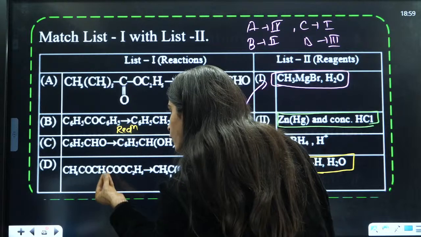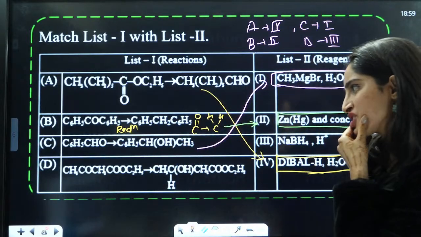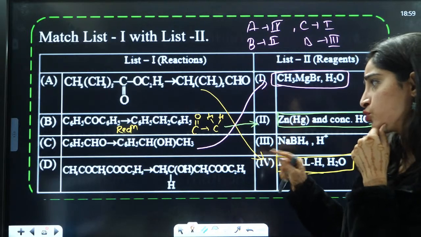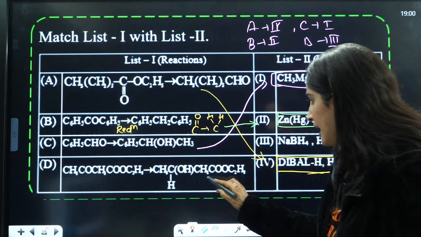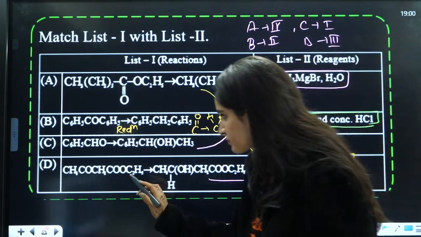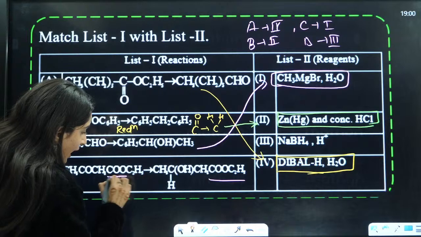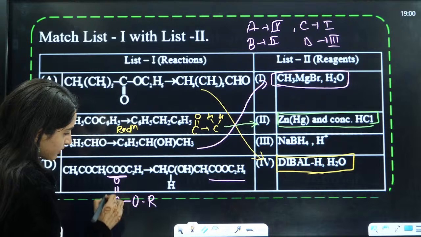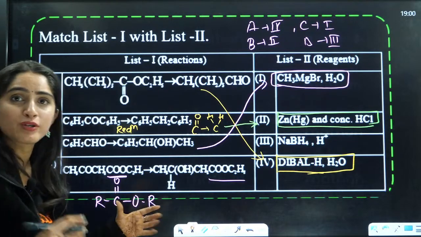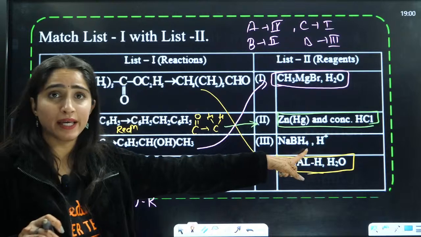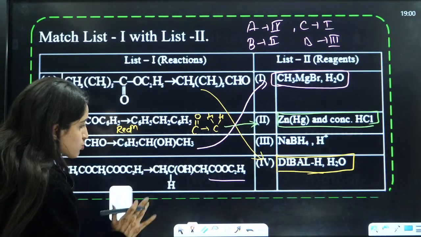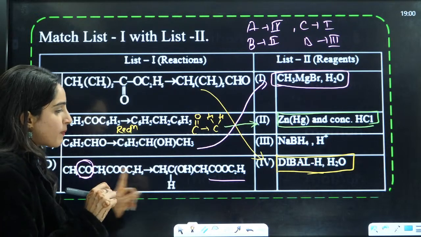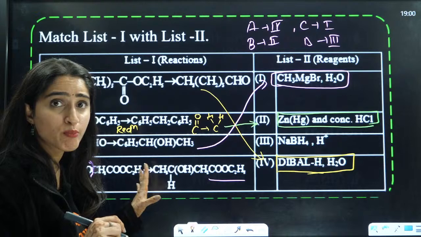Here you have COCH3, basically an R chain, then CO, then again a carbon, then COOC2H5. But a very important thing: this is the ester group, C double bond O and O, this is R and this is also R. The ester group is not reduced by NaBH4, but the ketonic group is reduced by NaBH4, that is sodium borohydride.